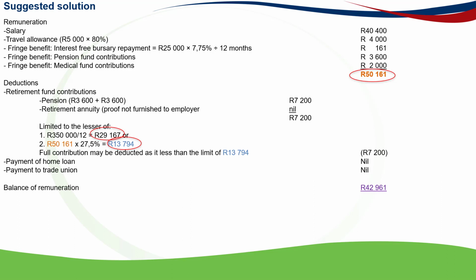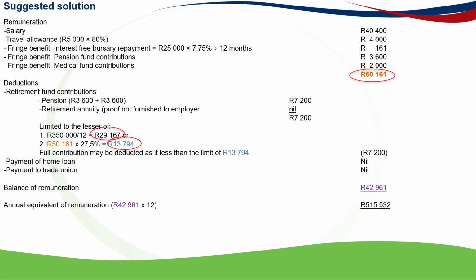So the next step is therefore to convert this monthly balance of remuneration to the equivalent annual balance of remuneration, and we will do that by multiplying the 42,961 by 12 months to get to the annual equivalent of 515,532.